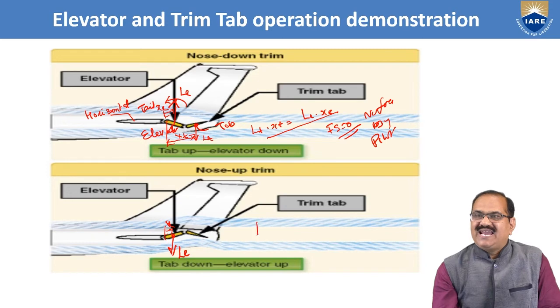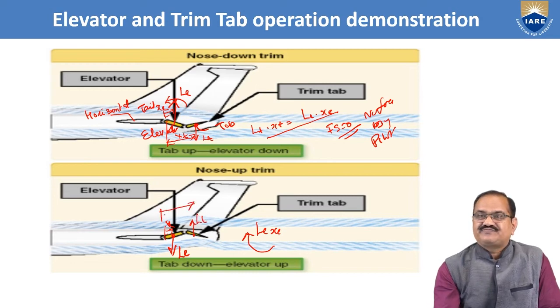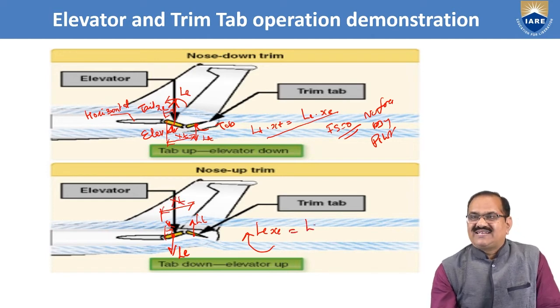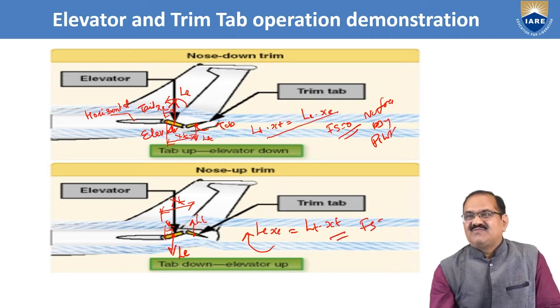So the moment LE into XE will be in this direction, clockwise. So the tab has to go down. If it goes down, the force is called LT, and from here to here is XT. So this should be equal to LT into XT. If it is equal, again Fs will be 0.